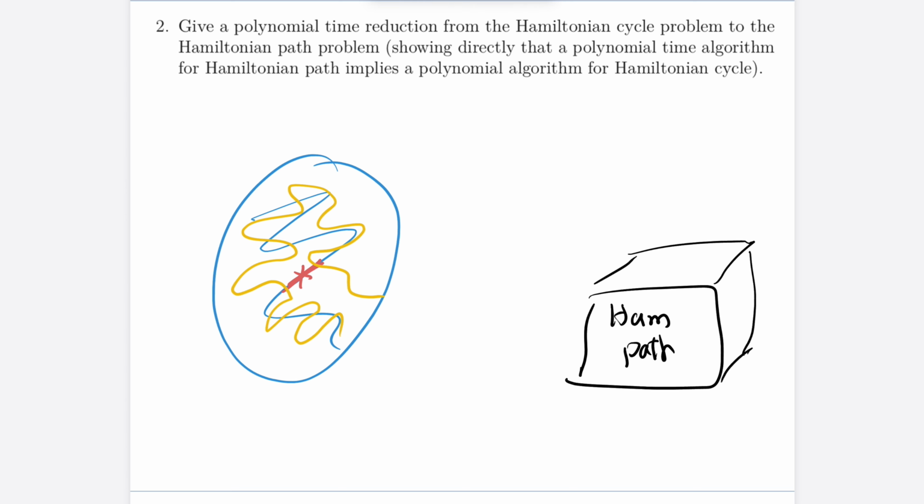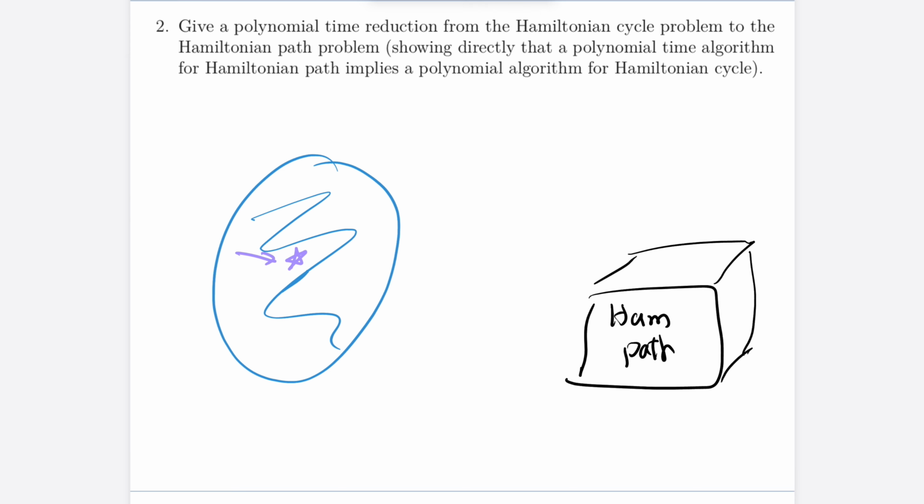So you have to copy all the incoming edges so that whatever Hamiltonian path you find, the other one basically has to reach that same node twice.